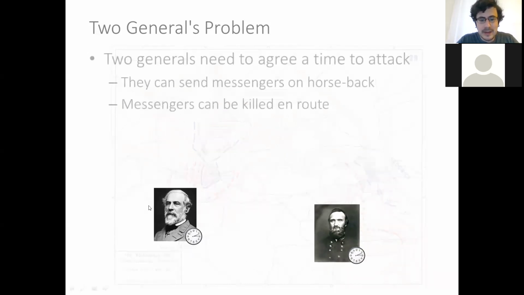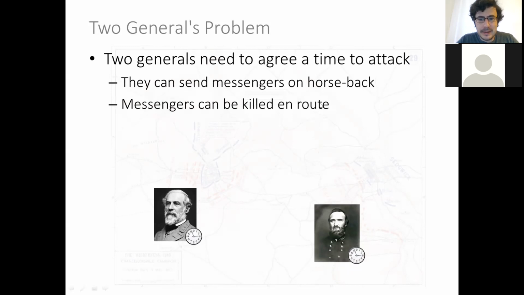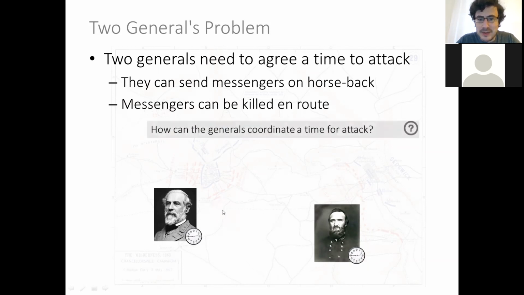Now they need to agree on a time to attack, but let's assume they have more or less the same time. Even assuming they have a global clock, they can agree on the time. They can send messengers on horseback, but these messengers can be killed en route. So how can the generals coordinate a time for attack in this situation?